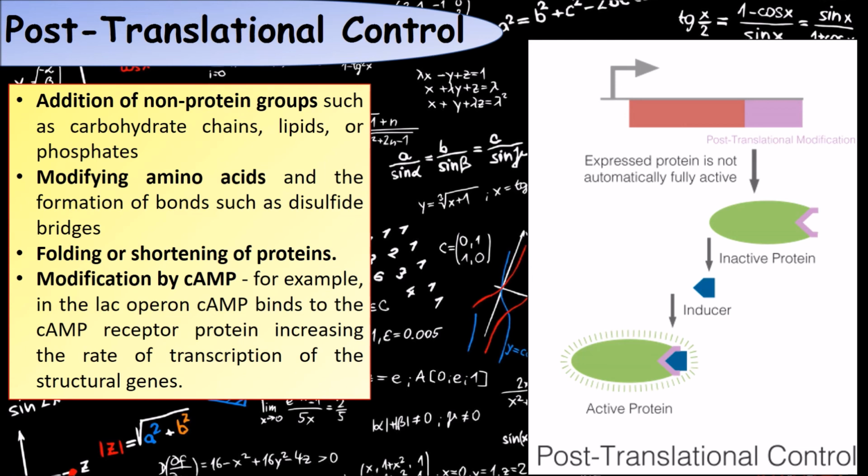So for example, in the lac operon, cyclic AMP binds to the cyclic AMP receptor protein, increasing the rate of transcription of the structural genes.